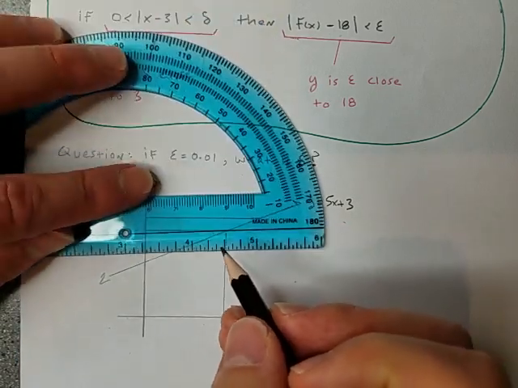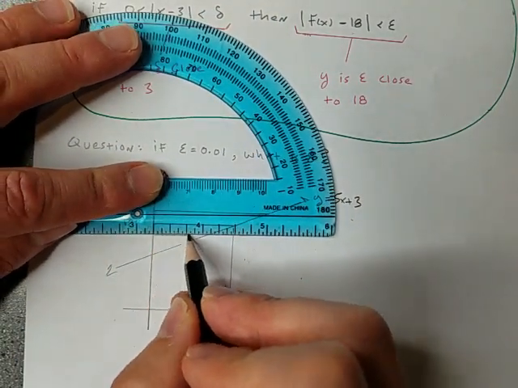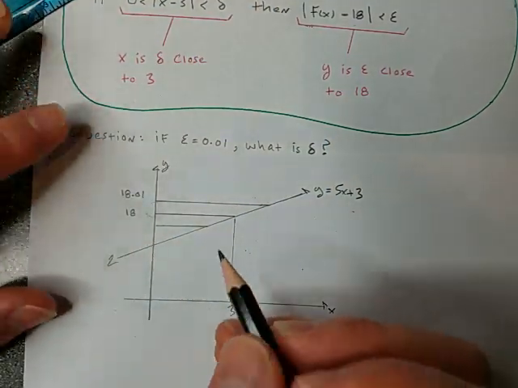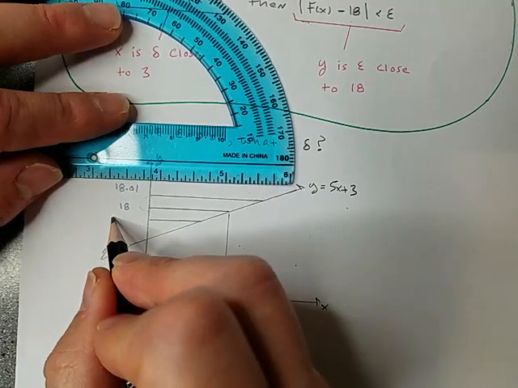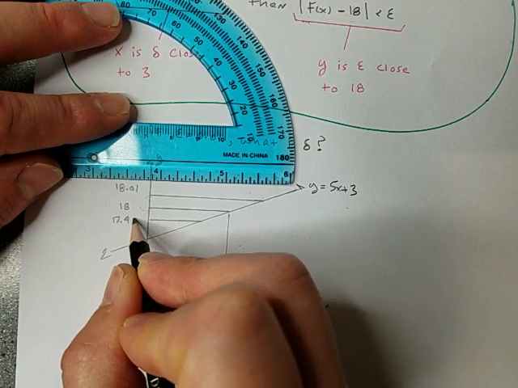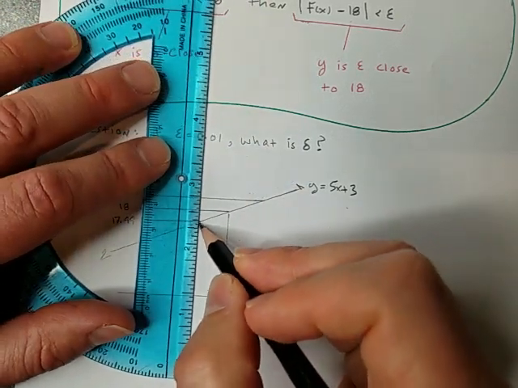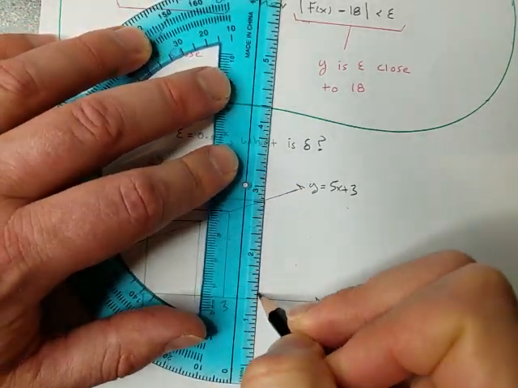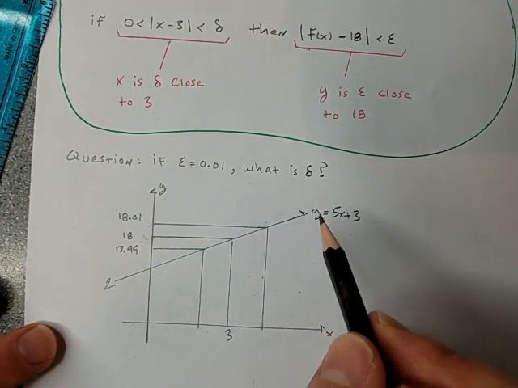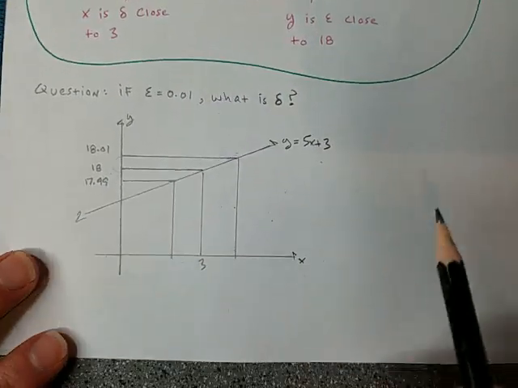Okay, and then on the other side, because this just means within 0.01 units of 18, so 17.99. All right, and if we can find these x's down here that are linked up to those y's, well, then we'll have our delta, right? Our delta is the tolerance on the x.